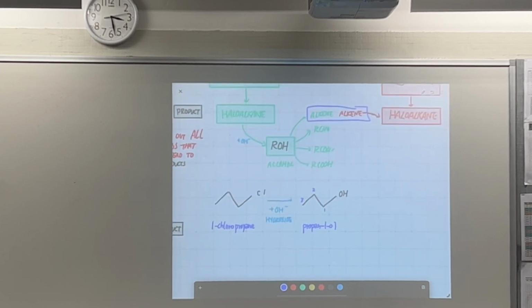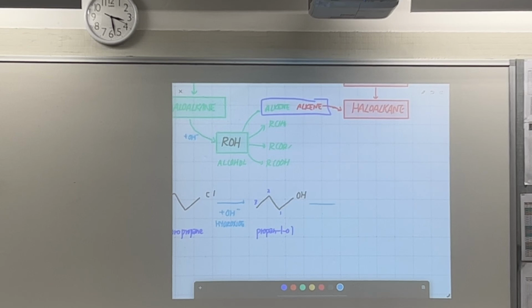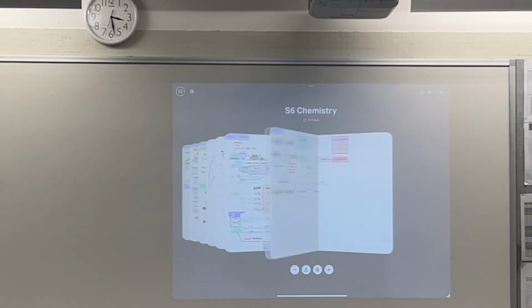Next up, what did we say is the product? Alkene. What can we add to turn an alcohol into an alkene? PX3? Sorry? No. It's concentrated sulfuric acid, right? What is the alternative dehydrating agent?